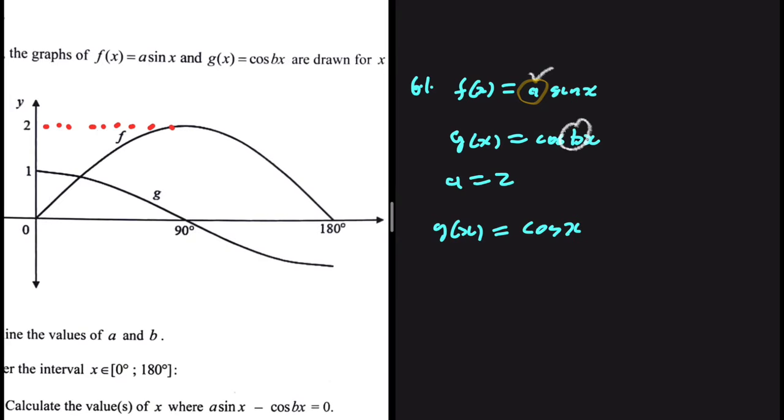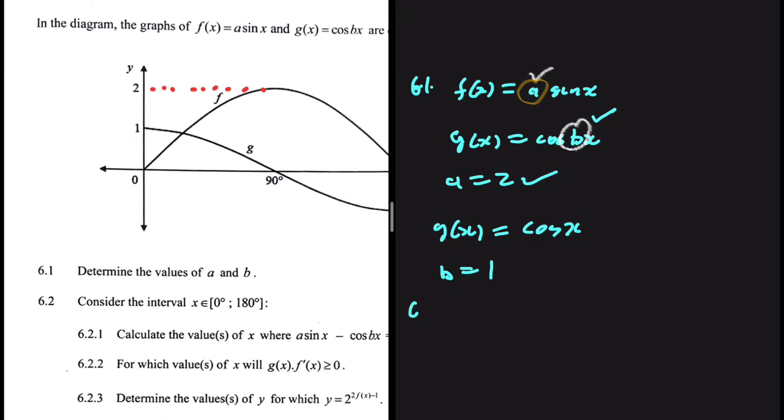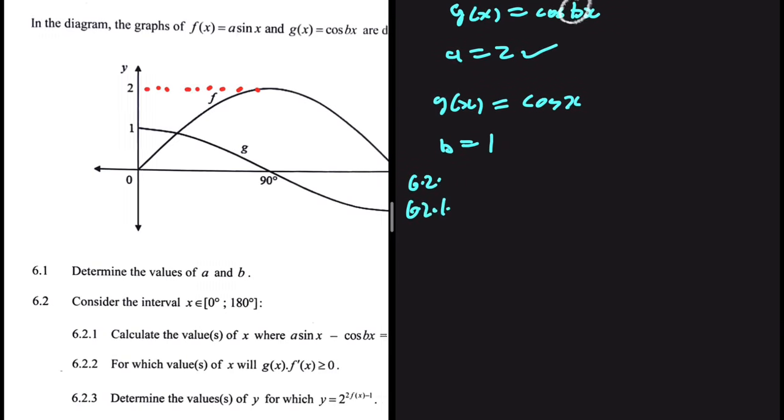So the value of b in g of x should be equal to 1, because that is just the shape of cos of x. So what are we saying? We're saying that a is equal to 2 and b is equal to 1. That is 6.1. Let's look at 6.2 and 6.2.1.